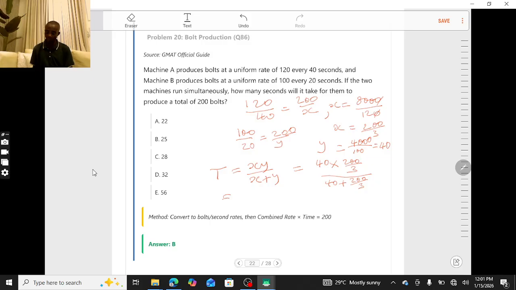We can leave the numerator as 40 times 200 over 3, which is 8,000 over 3.